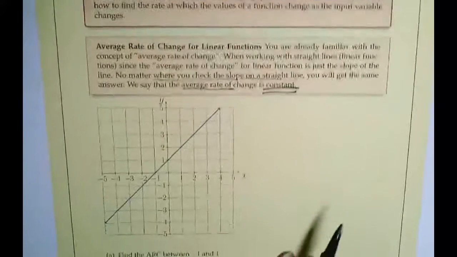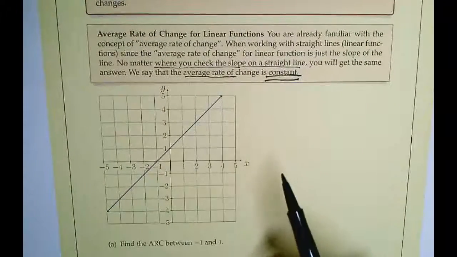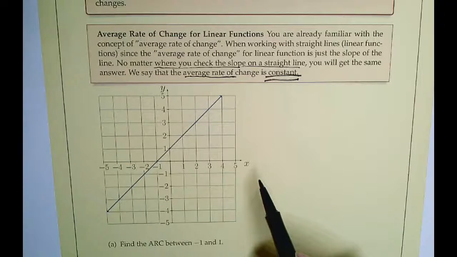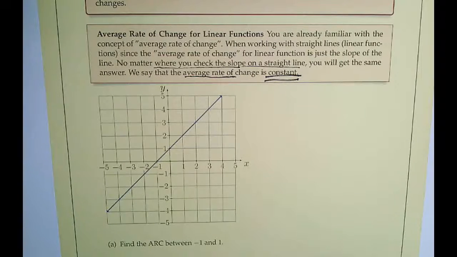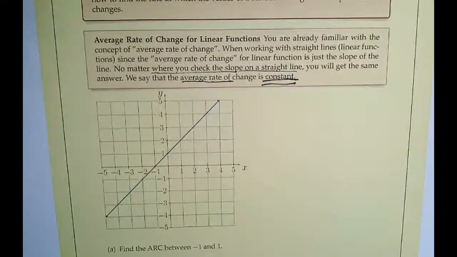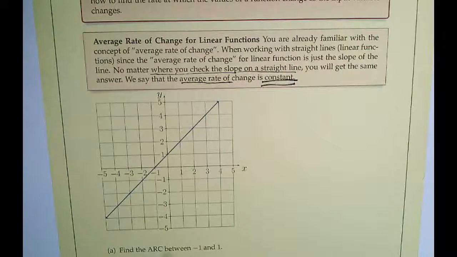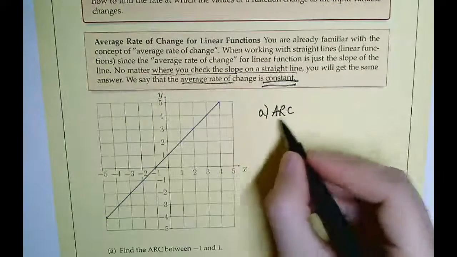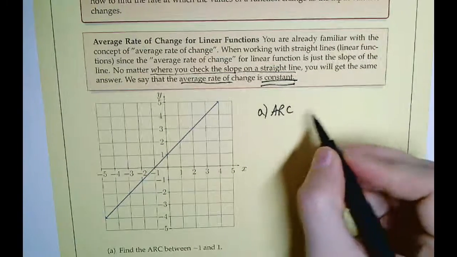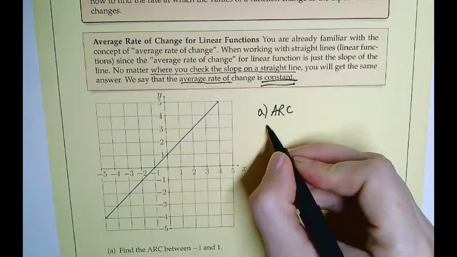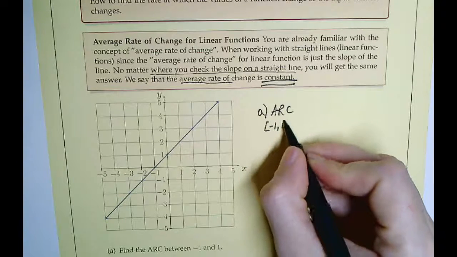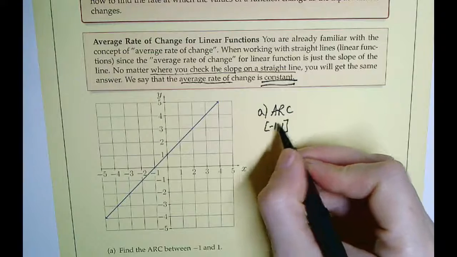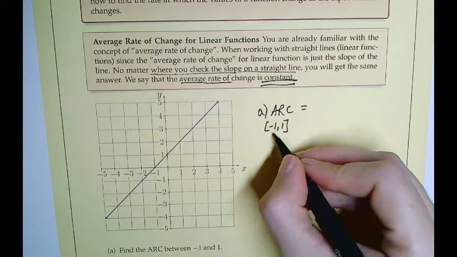So for example, if I have this linear function, if I want to find the average rate of change between -1 and 1, for example, so the average rate of change, I abbreviate it as ARC, between -1 and 1, then it's just going to be the slope.